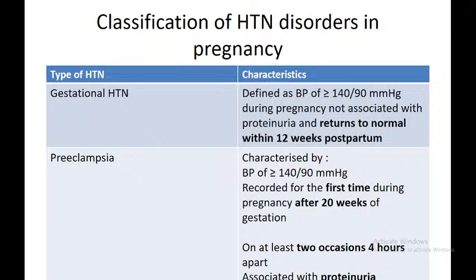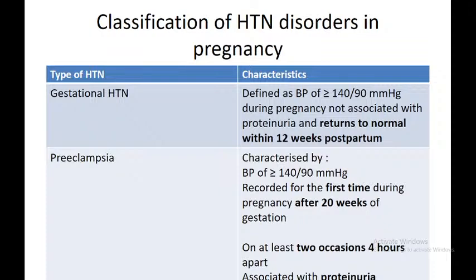Whereas pre-eclampsia is characterized by a blood pressure of equal to or more than 140/90, and this is recorded for the first time after 20 weeks of gestation. So that is most important. So it is always after 20 weeks of gestation, and also one of the criteria being, this high blood pressure should be recorded on at least 2 occasions 4 hours apart, and this should be associated with proteinuria. So then we say that a woman is having pre-eclampsia.